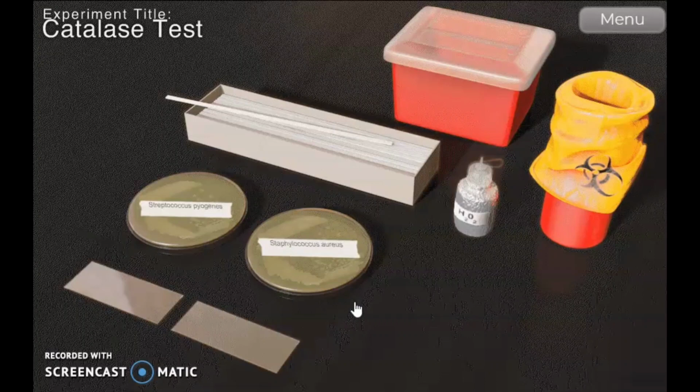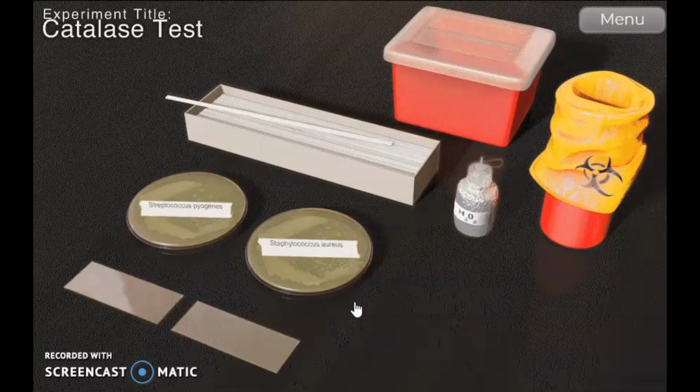Catalase negative bacteria may be anaerobes or they may be facultative anaerobes that only ferment and do not respire using oxygen as a terminal electron acceptor.